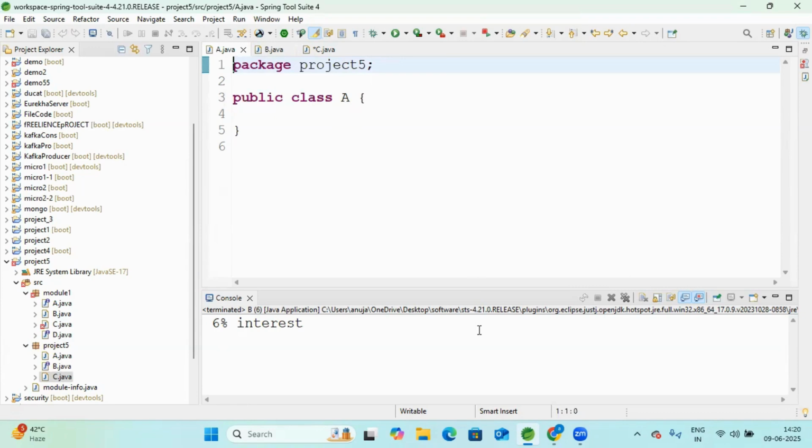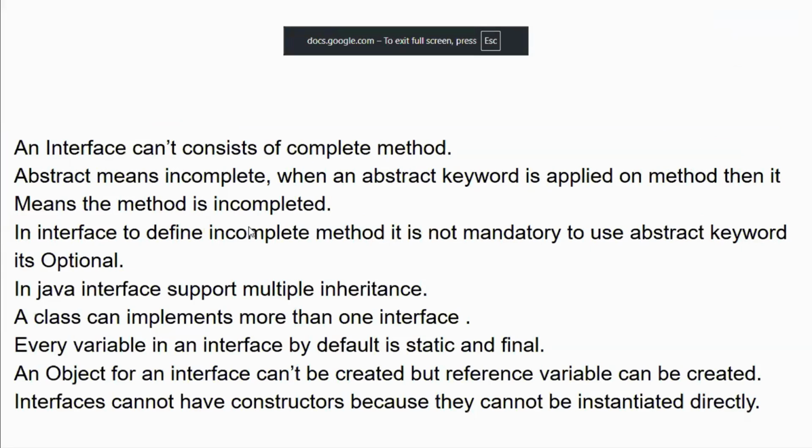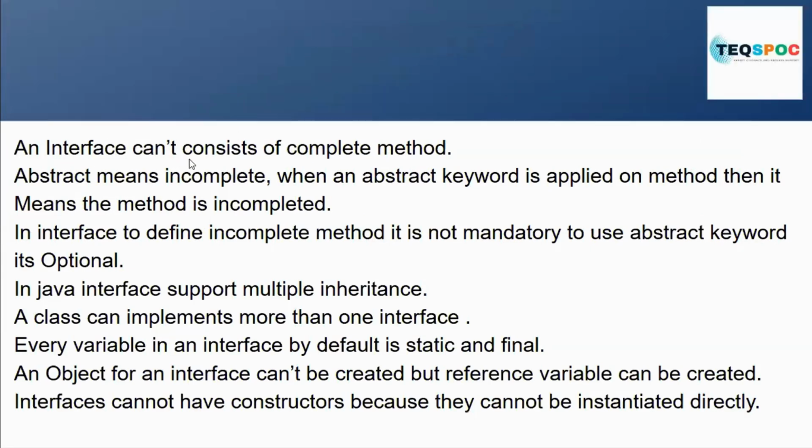Let me move to a few more points. An interface cannot consist of a complete method. This we have seen. An abstract means incomplete. When the abstract keyword is applied on a method, this means the method is incomplete. We have seen an interface defines incomplete methods.